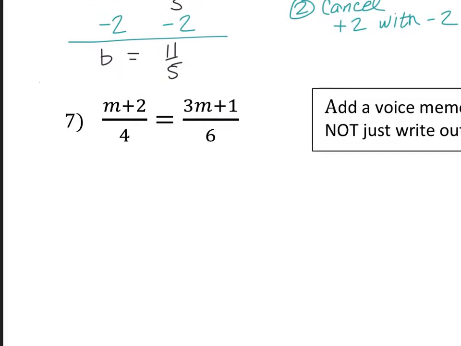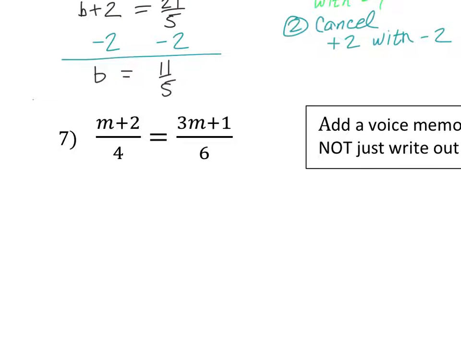Alrighty, so number 7, once again, we've got denominators that we really need to eliminate. I'm going to write this down here at the bottom. The first thing I noticed, just because it happens to be over here on the left, is that I want to cancel out dividing by 4. The opposite of dividing by 4 is multiplying by 4.